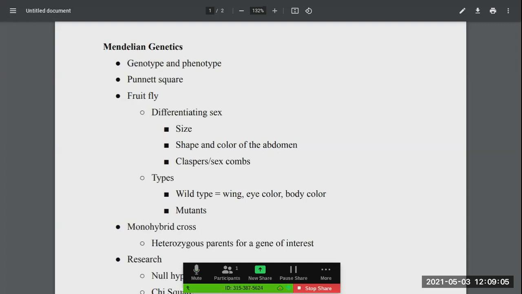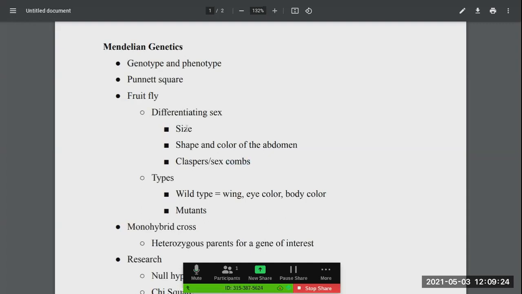And they have claspers or sex combs, which in a sense are like male genitalia. These claspers or sex combs are found at the end of the abdomen. So that's one identifying feature for a male fruit fly.